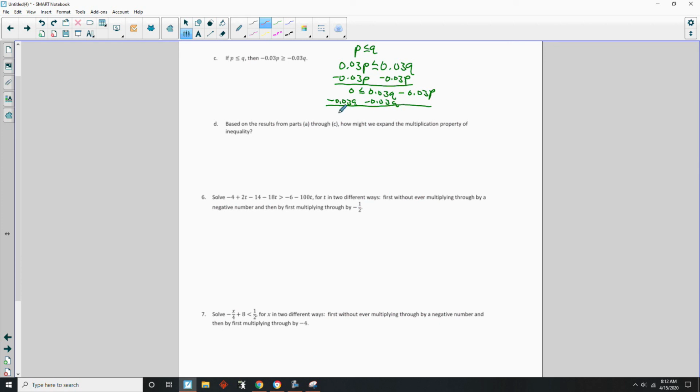And when I do that, I get negative 0.03q is less than or equal to negative 0.03p.